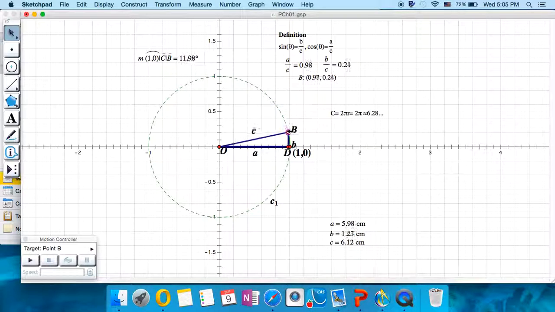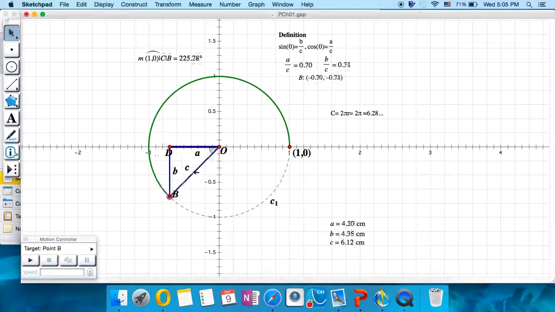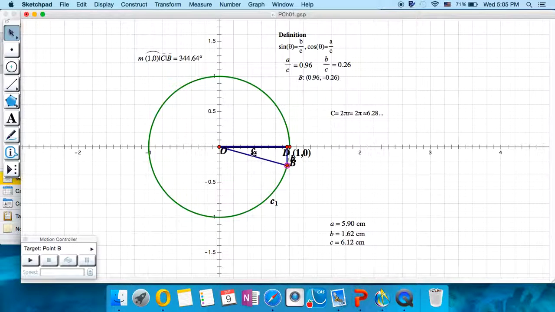Right now the radian, the distance from the starting point, is 0, and if you go all the way around the circle, the distance traveled will be 2 pi, because the circumference of this circle is 2 pi times the radius, and we know that the radius is 1.